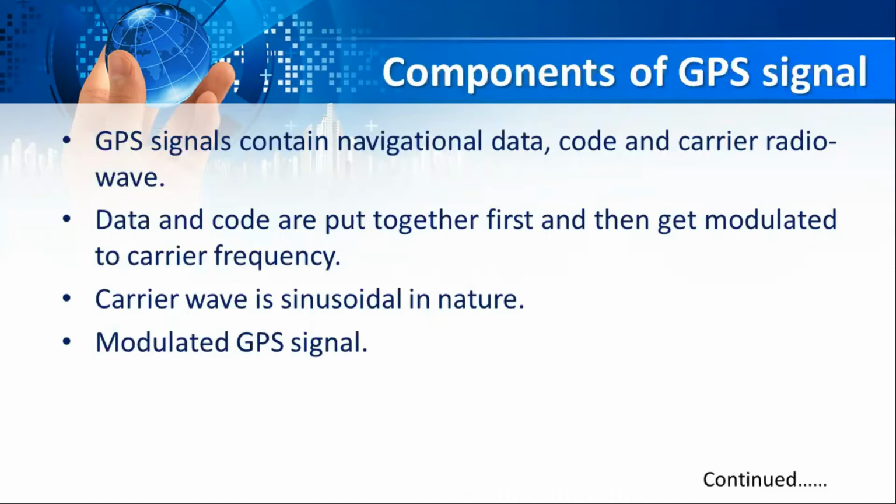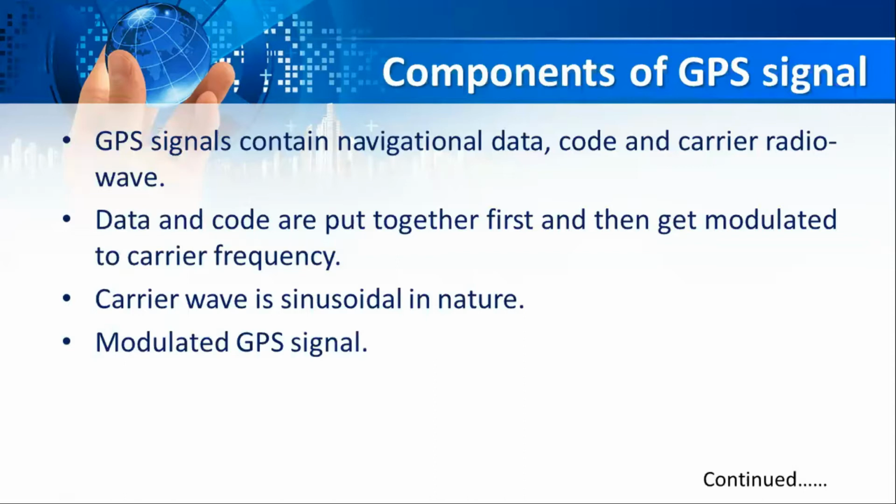So we will discuss the components of the GPS signal. You can see that the GPS signal contains navigational data. In your mobile also, when you want to locate any particular location, you have to just turn your navigation on.